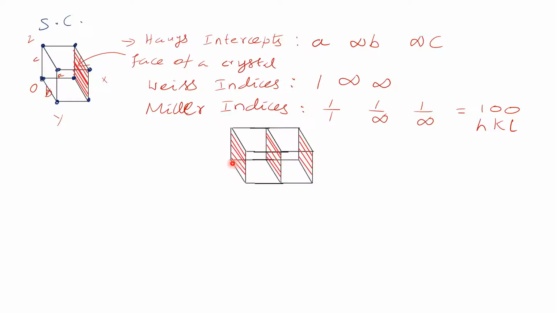Therefore, the intercepts for this face are A in the x-axis, infinity B in the y-axis because it is parallel, and infinity C in the z-axis because it is parallel. The coefficients are 1, infinity, infinity. That is the Weiss indices. For Miller indices, you take the reciprocal of these and get the simplest ratio; that is called HKL, the Miller indices.